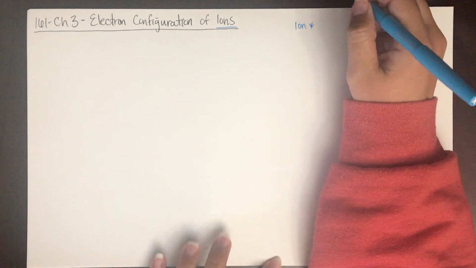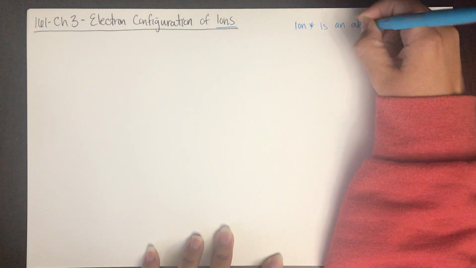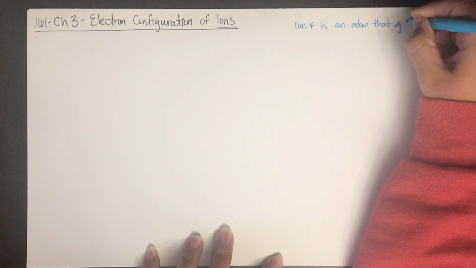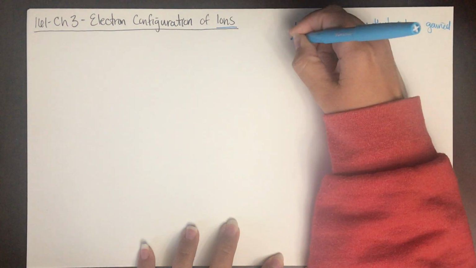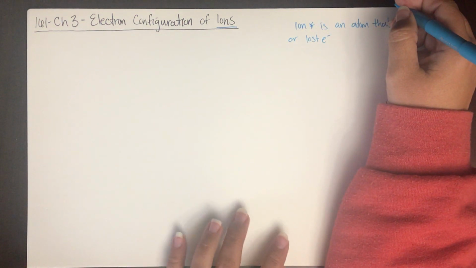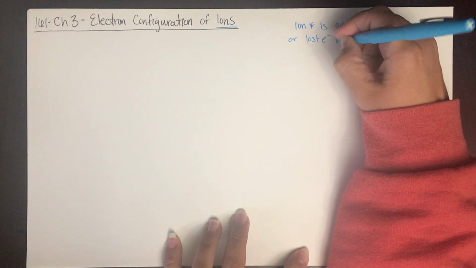So an ion is an atom that has gained or lost electrons to be like its nearest noble gas.